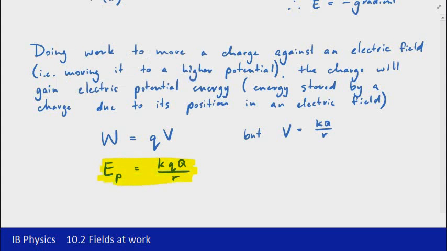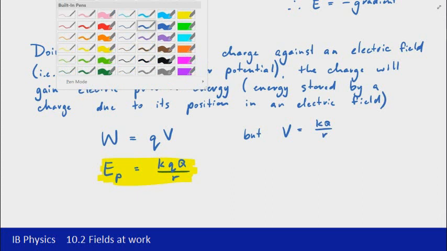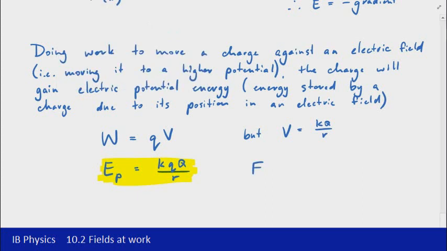Note that it looks somewhat similar to Coulomb's law, F equals kQQ on r squared. We can actually link those two together, identifying that if we've got F equals Q times E, electric field strength is equal to kQ on r squared, so that could also be expressed as kQQ on r squared.